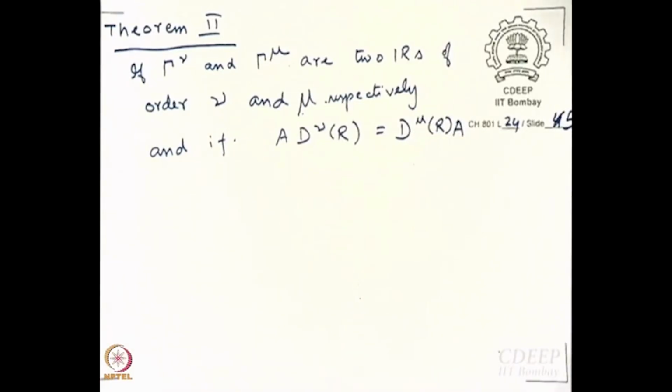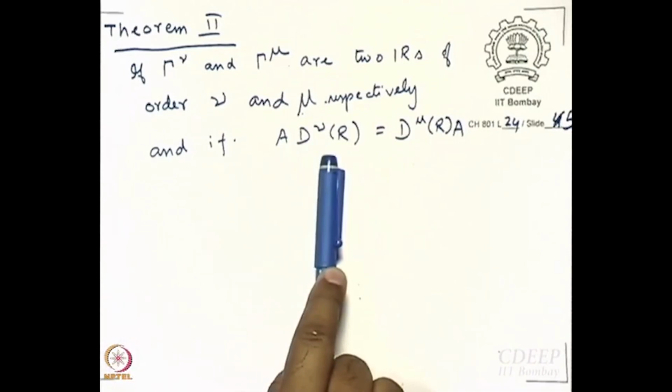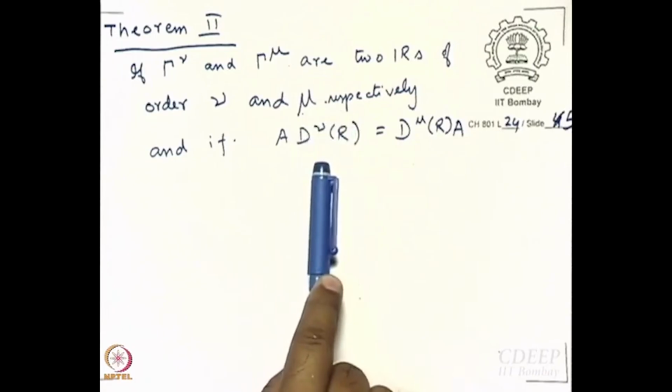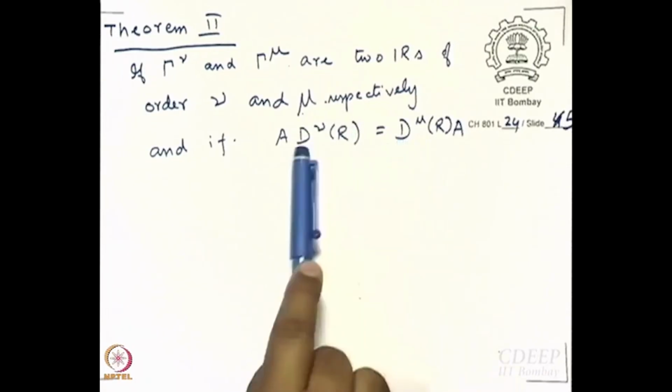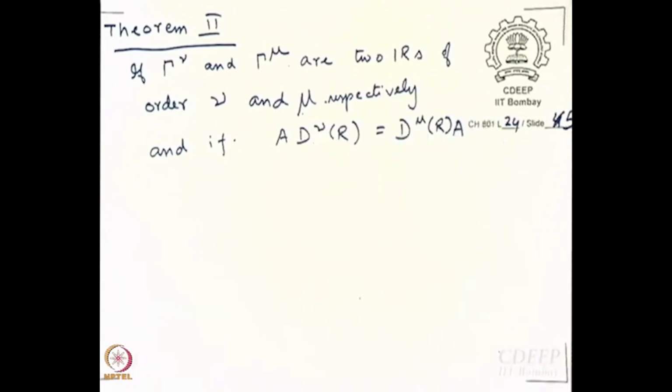So, this is not commutation, right? You have taken that matrix, you have left multiplied it, you have used it to left multiply d mu r, and you get d mu r right multiplied by A. We are talking about two different representations, irreducible representations. What kind of matrix is A? Is it a row matrix? Is it a column matrix? Is it a square matrix?